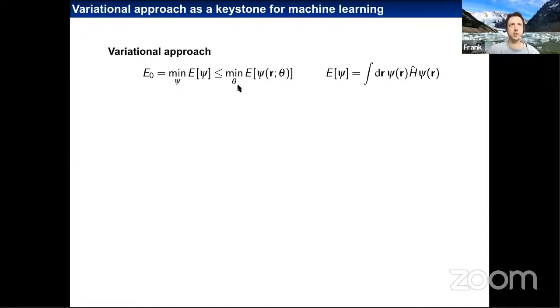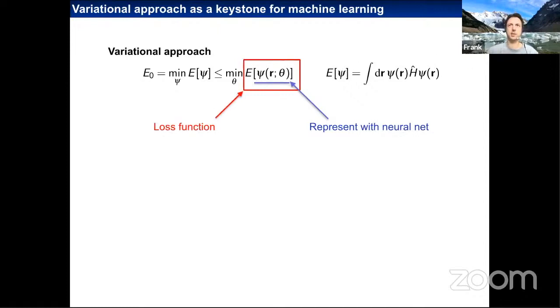And these ansatz functions are parameterized somehow by some sort of parameters that we're optimizing. So the natural formulation as a deep learning problem is we represent the wave function with a neural network. And this energy expectation value becomes our loss function.